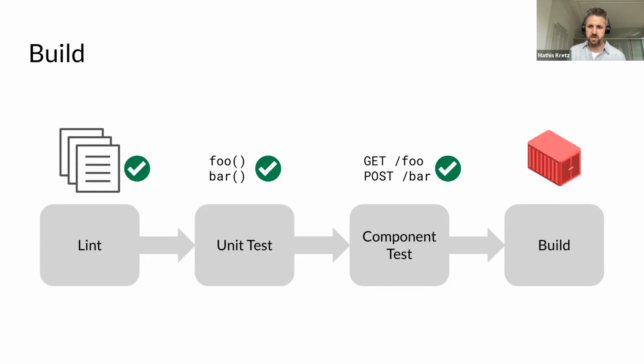The build step packages our microservice into an artifact which contains all of the things needed for our microservice to run. In our running example, we're obviously thinking of a container image, but there are other formats like VMs built with Packer or jar files or tarballs, depending on what your target platform looks like.